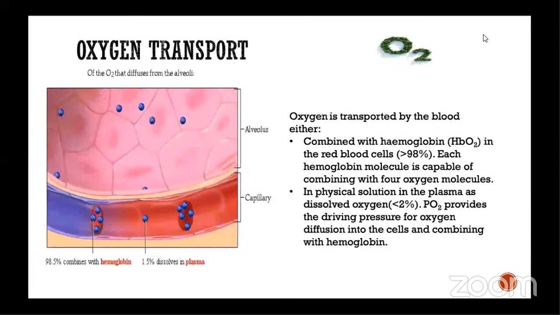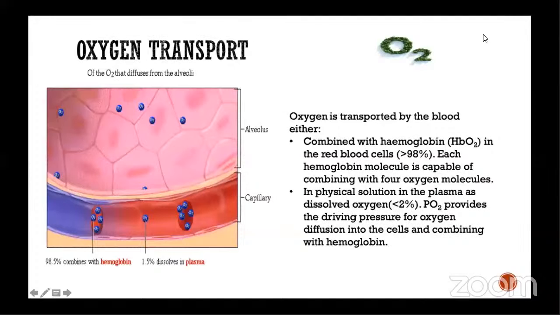How will it be transported? As mentioned earlier briefly, it goes through the blood. If the oxygen is in the arterial blood, it has to be transported to the tissue. By what means? It either combines with hemoglobin in the red cell in more than 98% of the situation, or it can dissolve in the plasma in less than 2% of the situation.